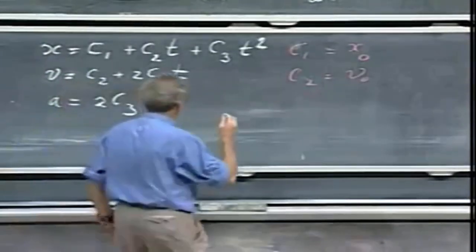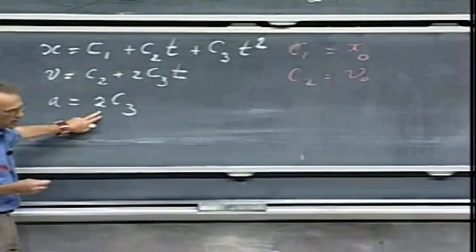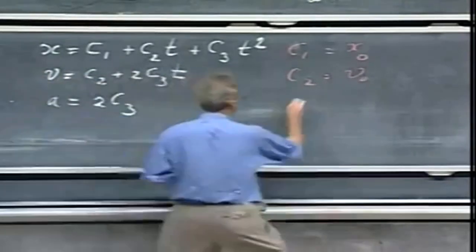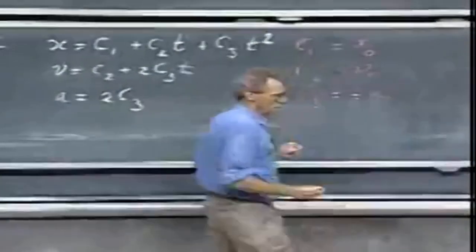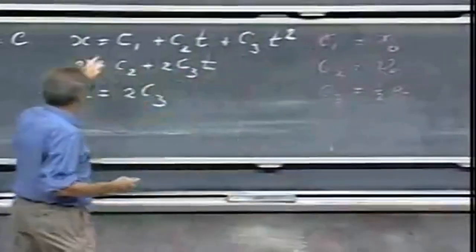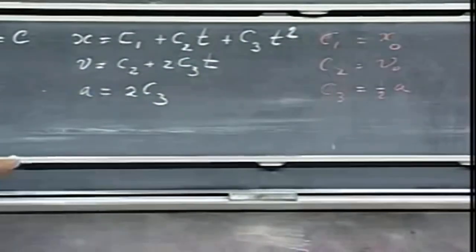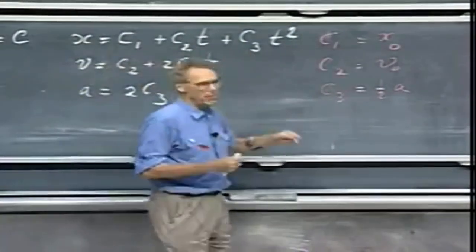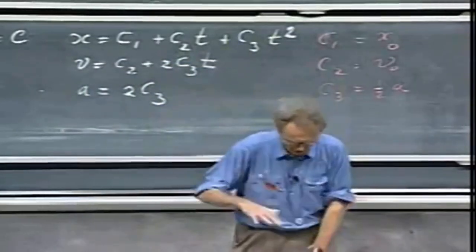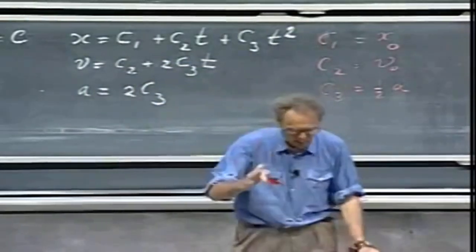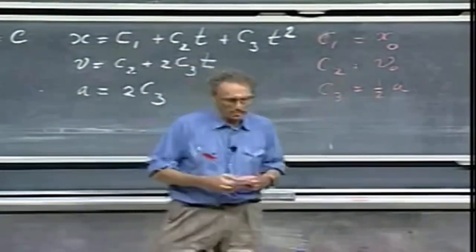And the acceleration is not changing with time, is 2c3, therefore c3 is half the acceleration. So this gives you some insight in the meaning of these quantities, and you can read some physics in there. c1, c2, and c3 can independently be either 0, or larger than 0, or negative. Makes no difference. Each one of these combinations is a valid possibility in physics.